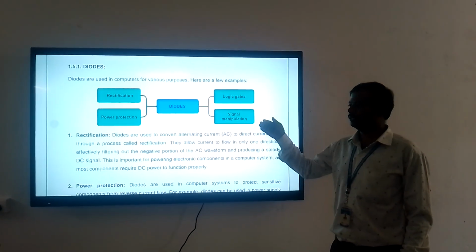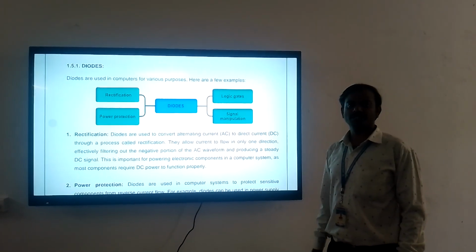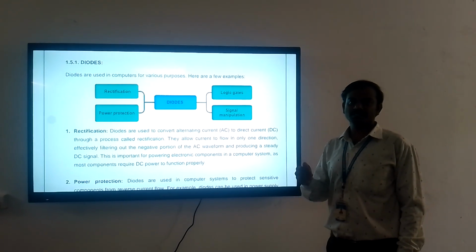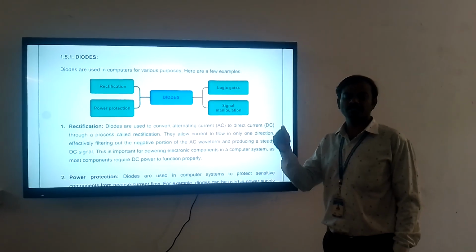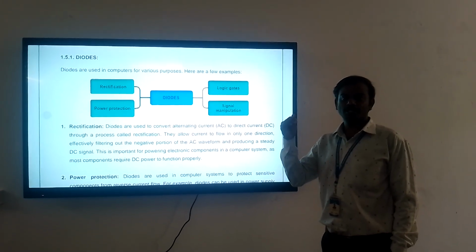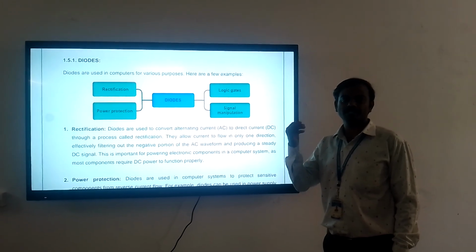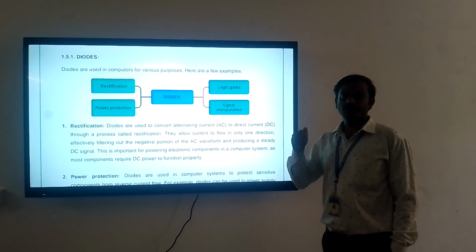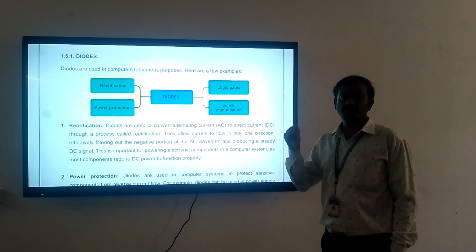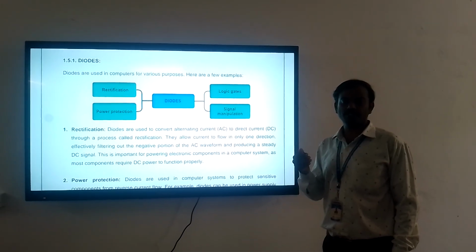The second one is power protection. In some electronic devices or computers, when we switch on, some voltage variation can occur. We need to protect the device from voltage fluctuation.